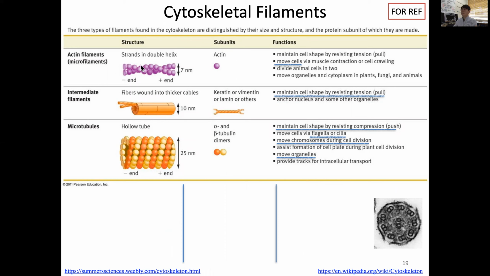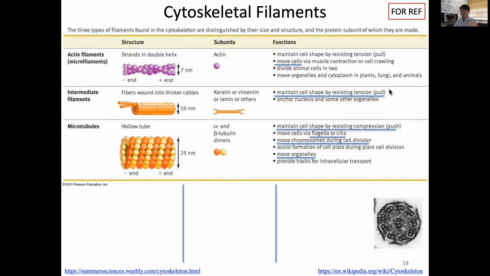Actin filament's structure is kind of a double helix shape, made of actin monomer subunits. Its role is moving the cells and maintaining cell shape by pulling. While intermediate filament is like fiber cables of about 10 nanometers, so it maintains the cell shape by resisting tension.